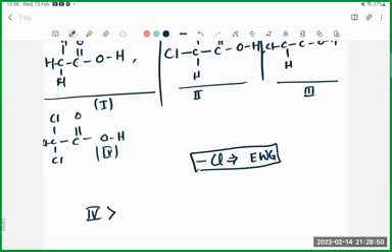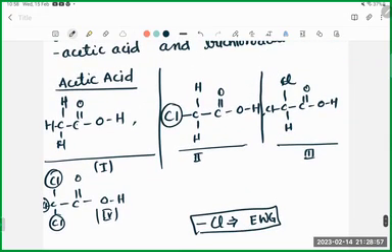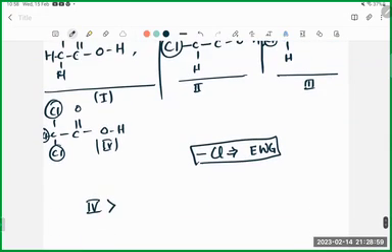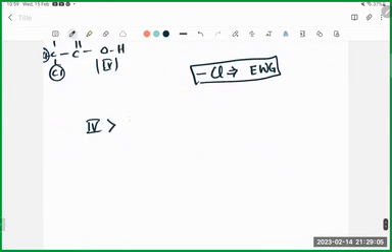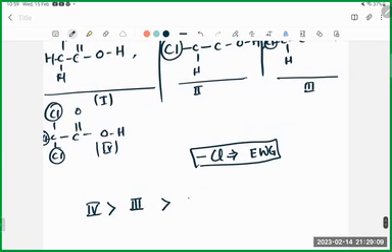Hridaya, are you able to understand? Yes. You can see you have 3 Cl right here, and here you have one Cl, and here you have 2 Cl. The more the Cl groups, the higher the acidic strength. Correct? Are you able to find? Yes, ma'am. Then this is the order.